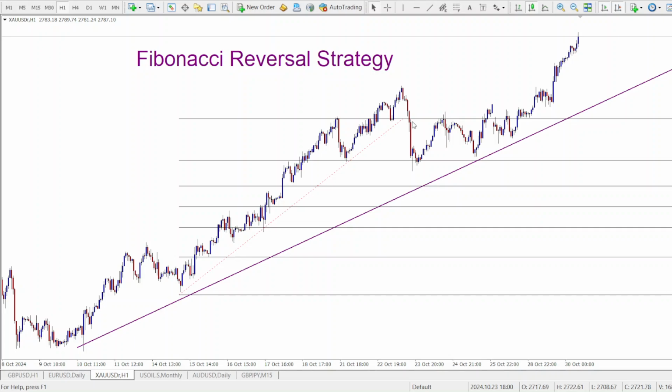This is our point A and this is our point B. Because this is a bullish trend, we draw the Fibonacci retracement tool from here. This is our starting point and this is our end point, because we are using this tool to target the possible end of the pullback.